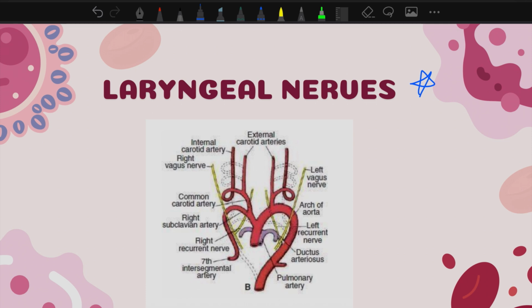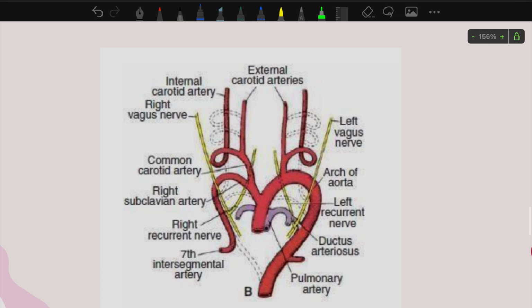Basically, you have to know that the right recurrent laryngeal nerve is always behind the subclavian artery. Why? Because as you can see here, we said that the distal part of the right sixth aortic arch will disappear. So when, for example, the right recurrent laryngeal nerve tries to come here, it can't, because there is nothing to hook onto. So it will go up, and it will find the fifth aortic arch, but it will die, so it won't stay there.